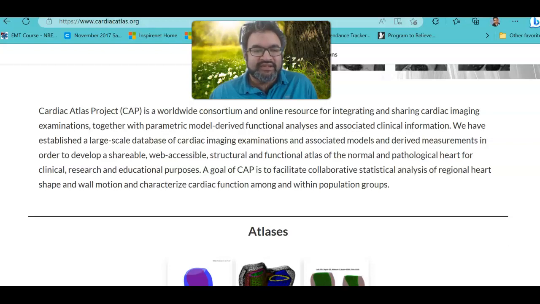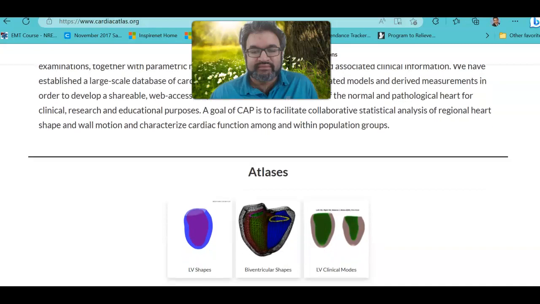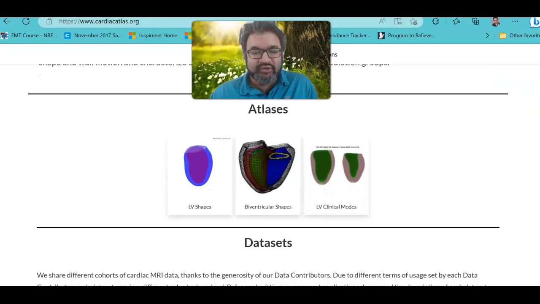They've established large-scale databases of cardiac imaging examinations, and these are normal and pathological heart findings. Scrolling downward, the left ventricular shape is in a certain way, then the biventricular shapes are in a certain way, and then the left ventricular clinical modes.